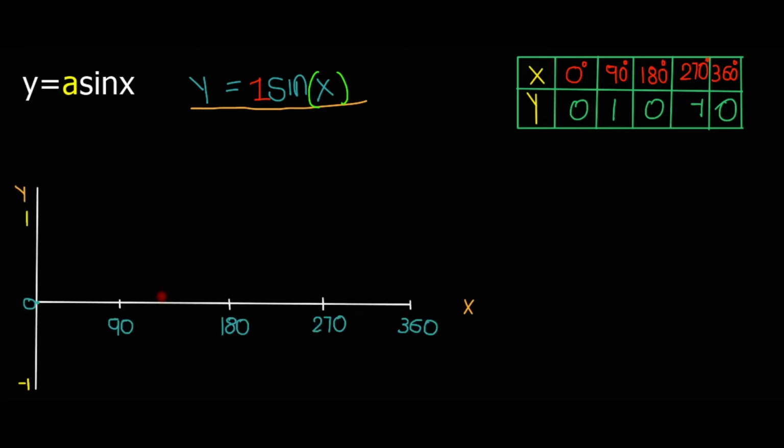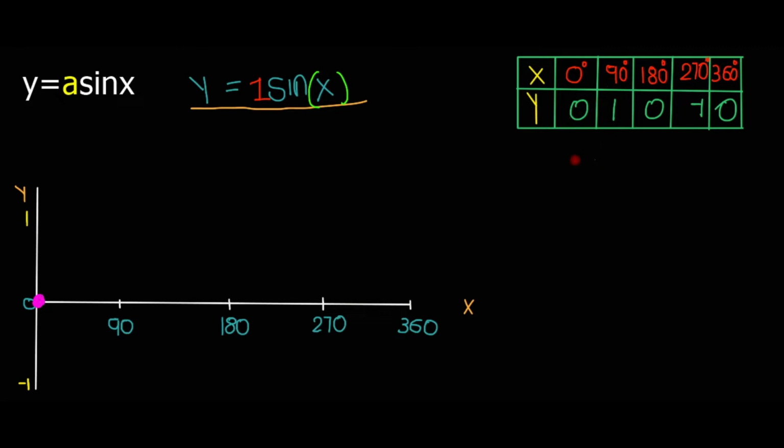And then now we have a Cartesian plane here, with the y axis and then the x axis. So we have the points for x, which is 90, 180, 270 and 360. So we'll join these coordinates: 0 and 0, 90 and 1, 180 and 0, 270 and minus 1, 360 and 0. 0 and 0 is the origin.